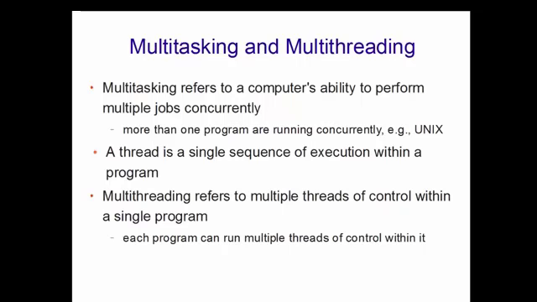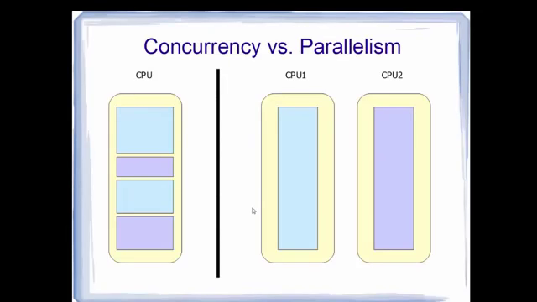Each program can run multiple threads of control within it, as I have shown with the browser example. Now what is the difference between concurrency and parallelism? Consider you have one CPU in your computer and you want to run two processes. Your CPU manages this using concurrency.